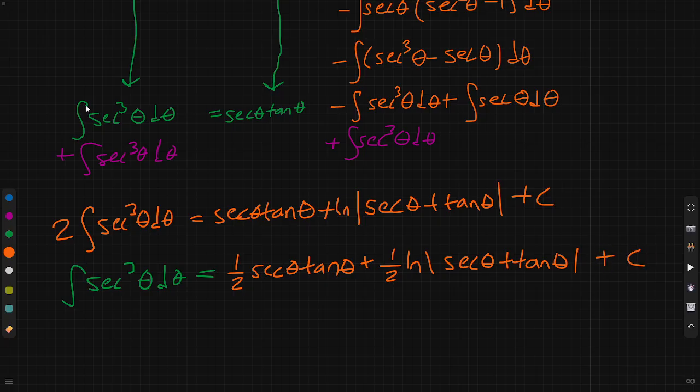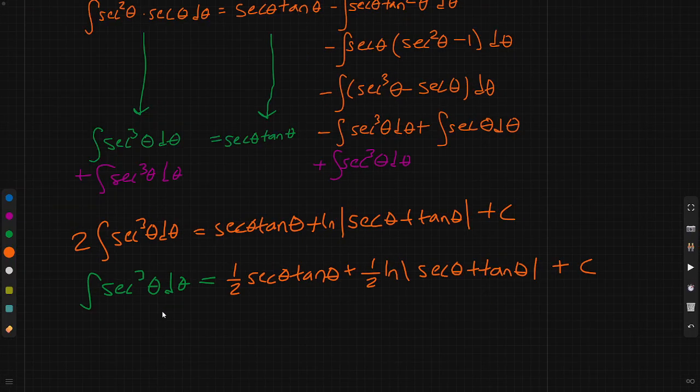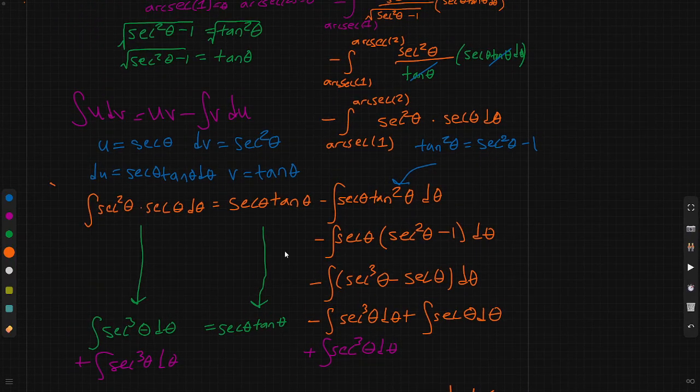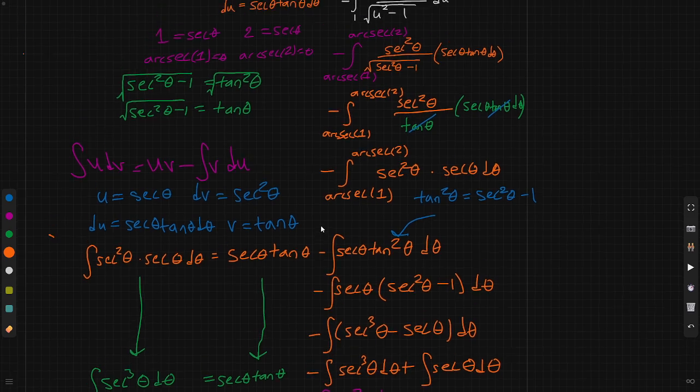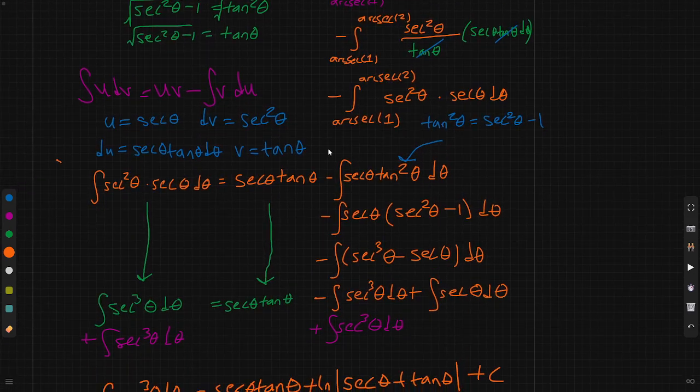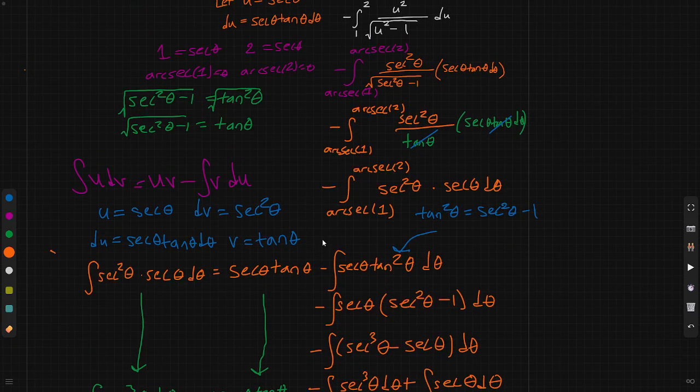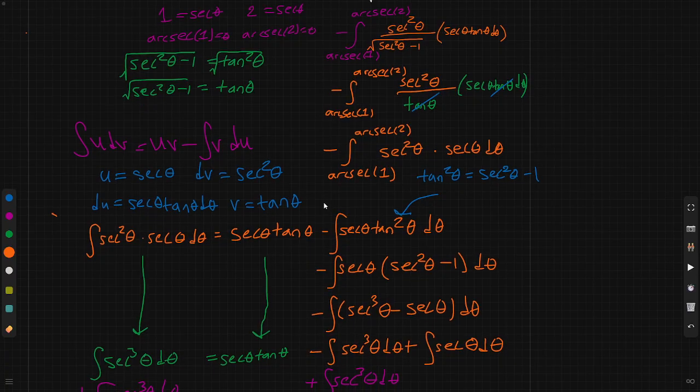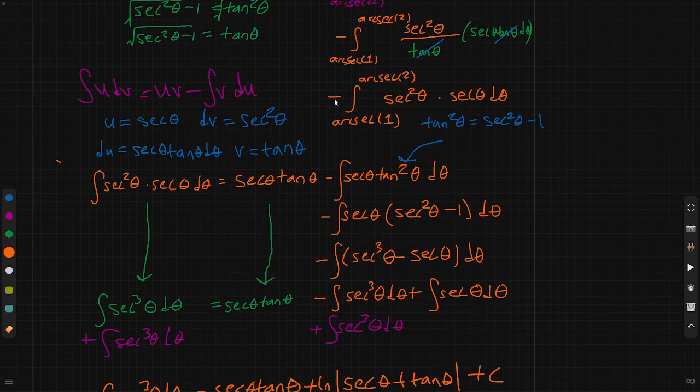All right, so we solved the integral of secant cubed theta, but what do we actually want? We wanted the negative integral of secant cubed theta d theta, from arcsecant of 1 to arcsecant of 2. So let's find that.